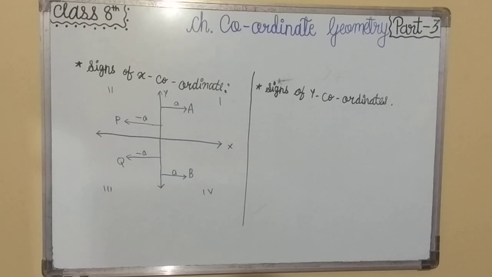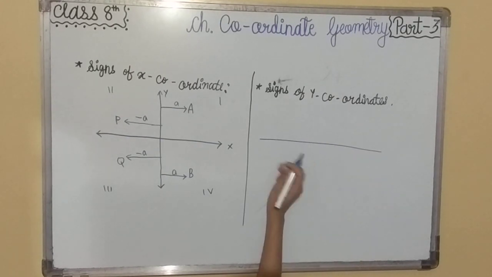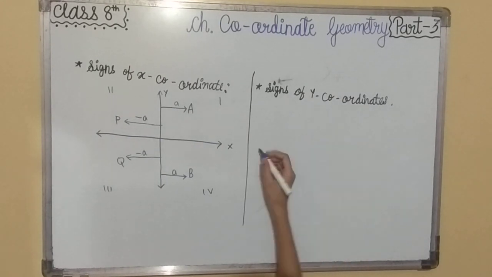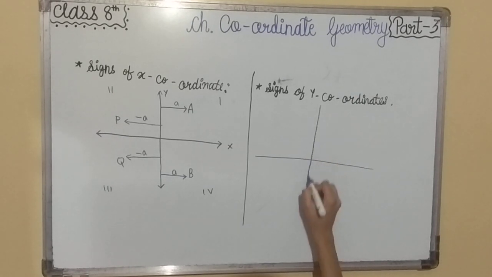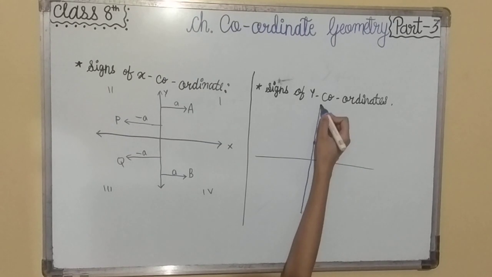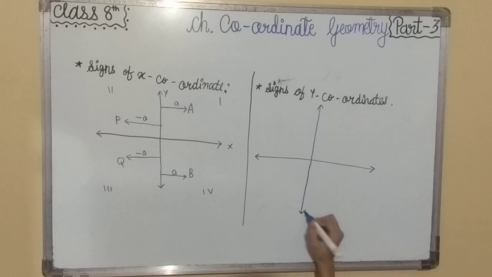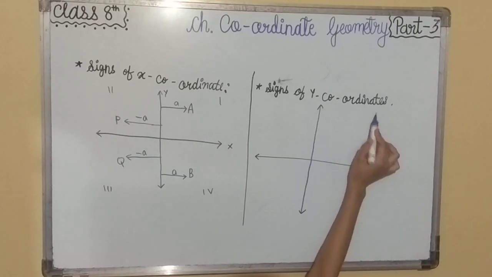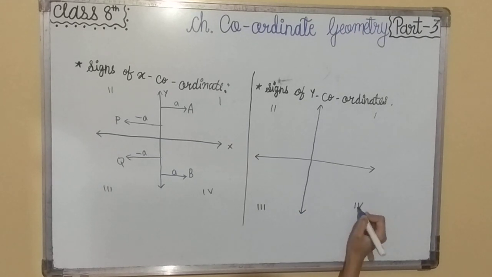I'll draw the figure that shows the signs of y coordinate in various quadrants. This will be the y, and this will be the first quadrant, second, third, fourth.